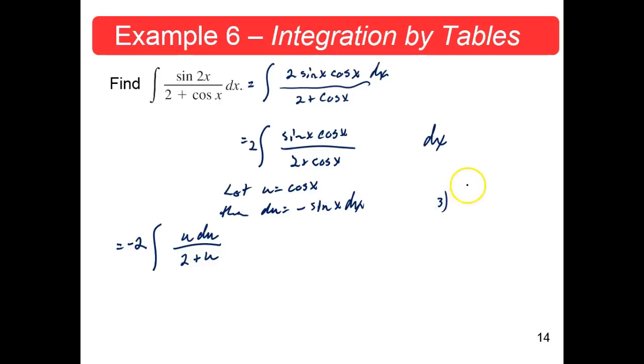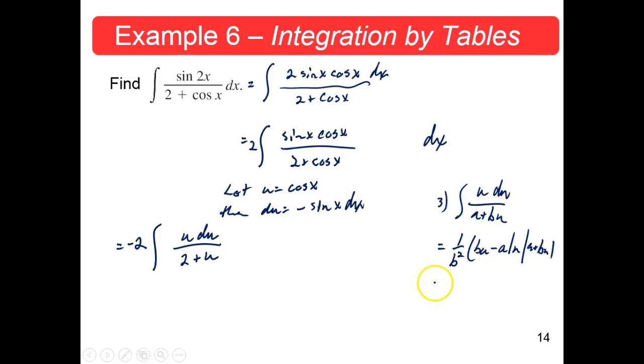The integral of u du over a plus bu is equal to 1 over b squared times bu minus a times the natural log of a plus bu plus c.